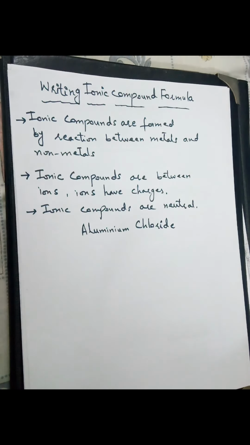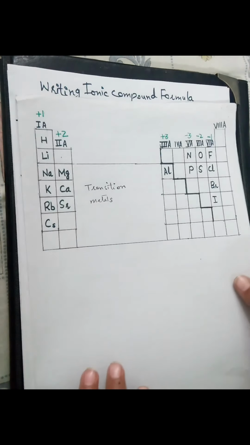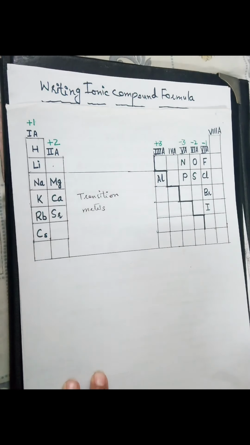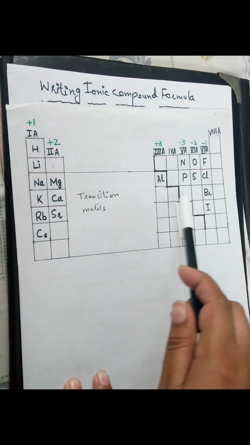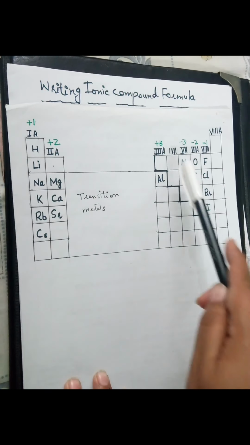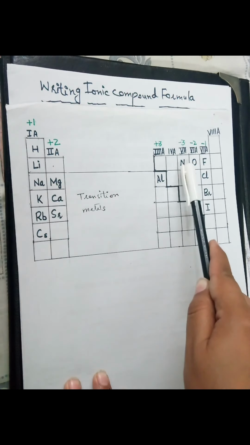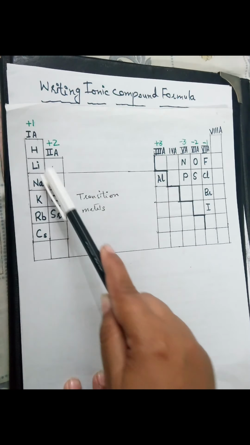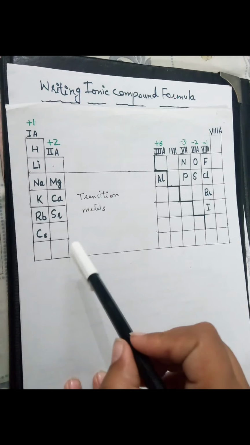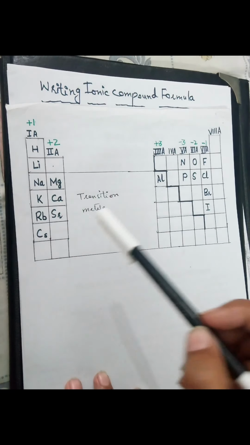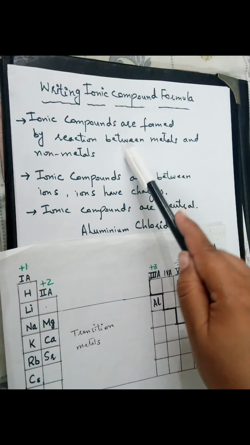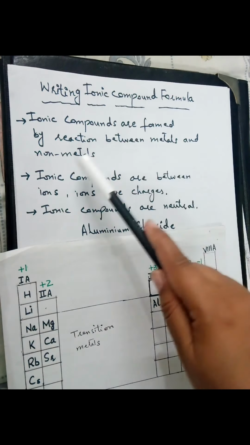Now look at this periodic table. In this periodic table, this staircase is showing the separation of non-metals and metals. Okay, always remember that an ionic compound is formed between metals and non-metals.